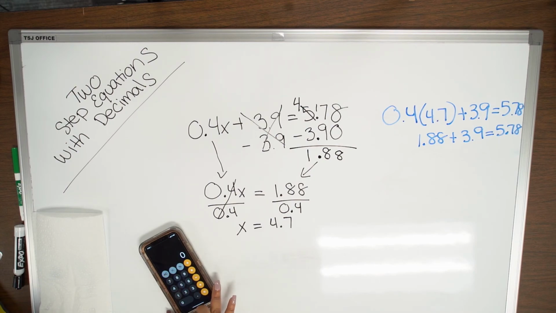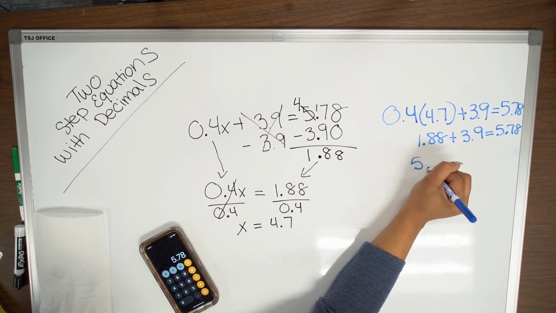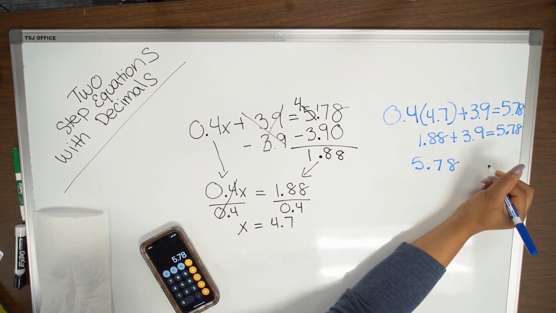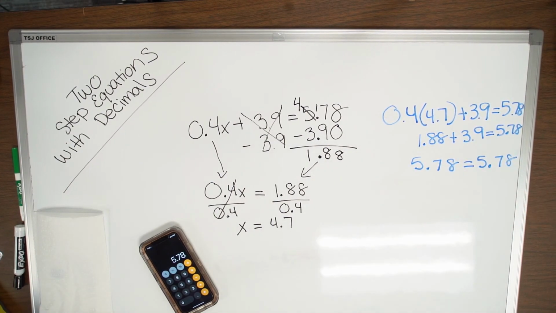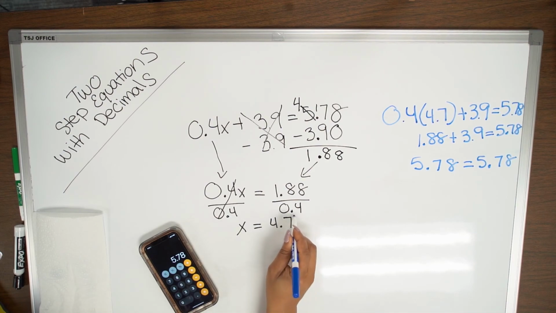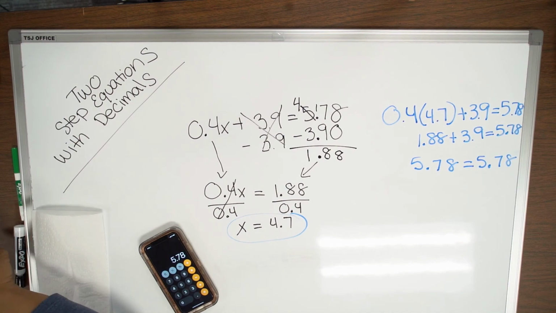Okay, so 1.88 plus 3.9 equals 5.78. There we go. So our answer was correct. It is 4.7. All right, let's do another one.